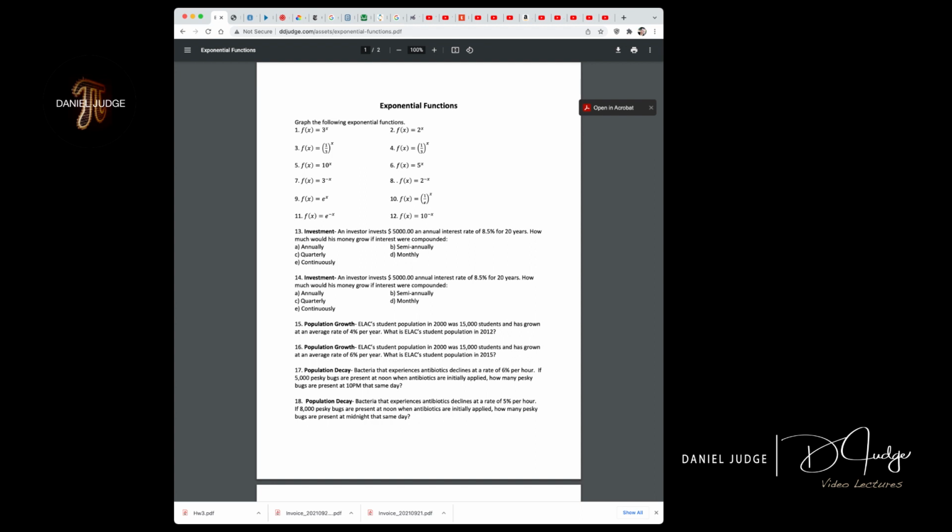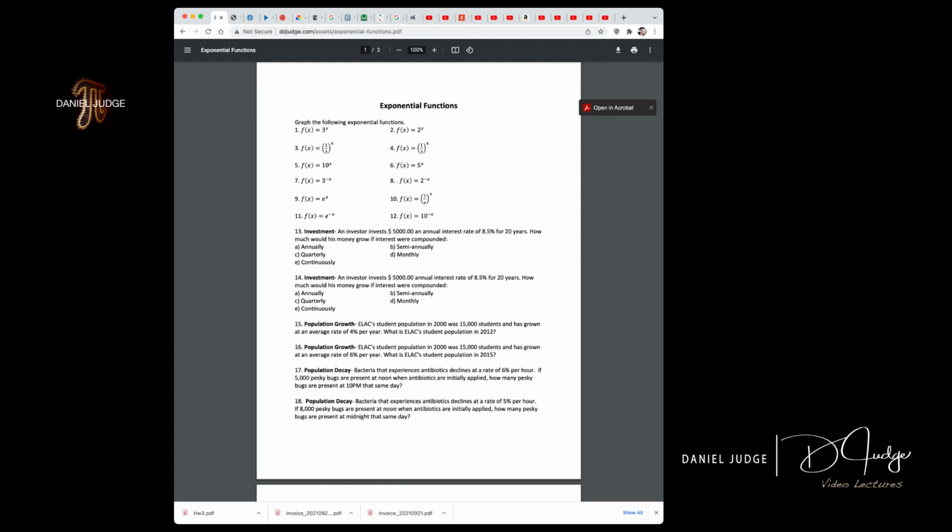And then it says it has grown at an average rate of 4% per year. So that means K is 4%, and written as a decimal is 0.04. So here's the question for number 16. What is ELAC's population in 2015?